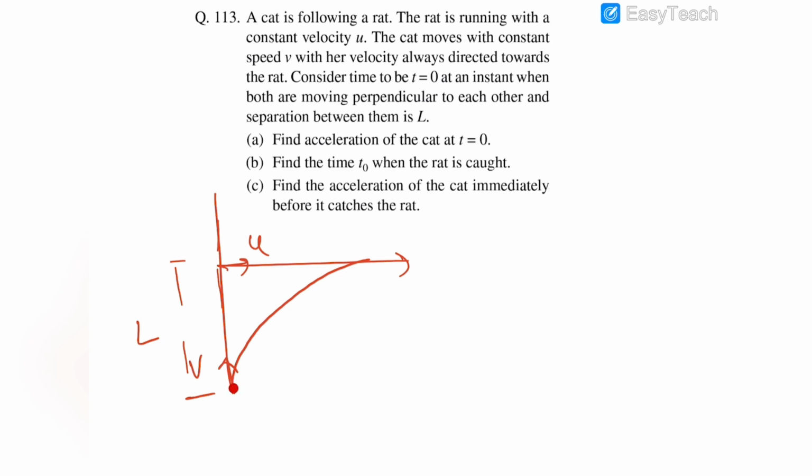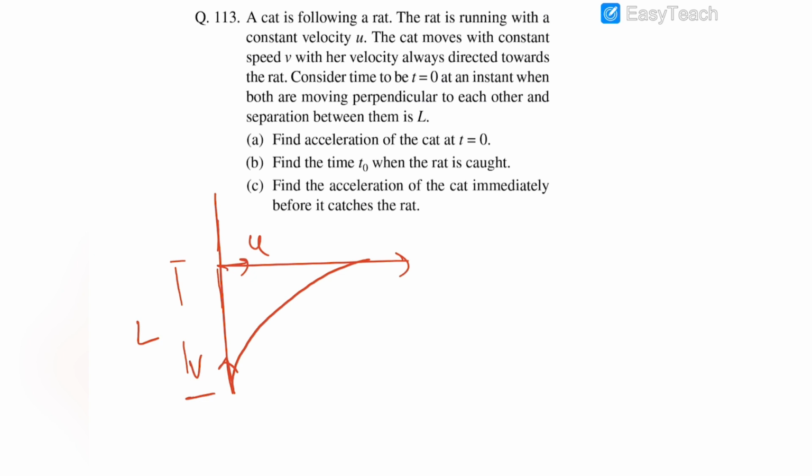The most important thing you need to observe is that only the direction of the cat's velocity is changing, not the magnitude. So the acceleration of this cat would be only due to the change of its direction.